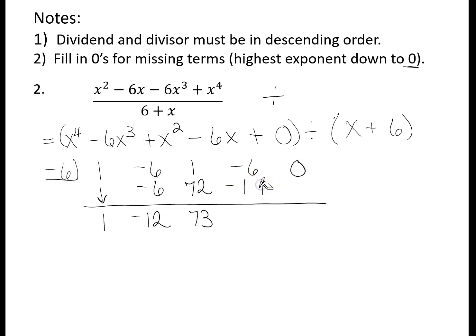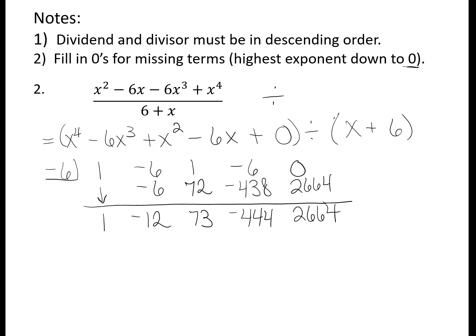This number is negative 438. 73 times negative 6, negative 438. And now we add those together is negative 444. And that number back times negative 6 gives us 2,664 plus the 0 is still 2,664.